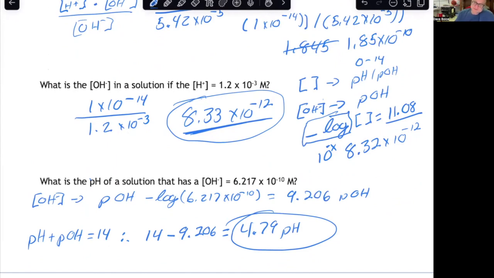A concentration of OH minus is going to give a pOH, and a concentration of H plus is going to give a pH. To go back, you're going to hit the function second log, which brings up the 10 to the same thing we use for scientific notation, with the exponent being the negative pH or pOH.